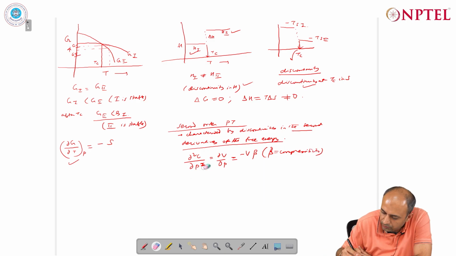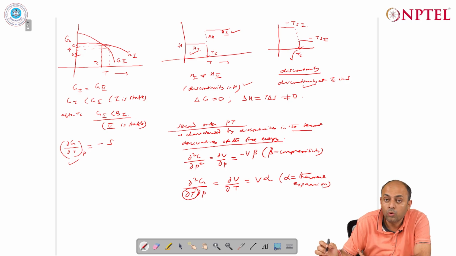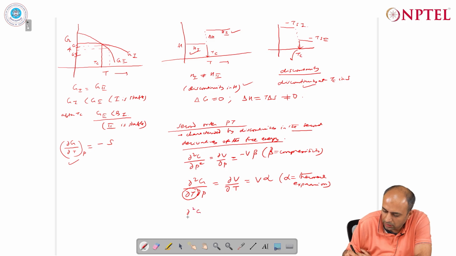We can also look at del square g by del t del p, which is equal to del v by del t, because the second derivative is taken with respect to temperature, and this is v alpha, where alpha is the thermal expansion coefficient. Beta is the compressibility factor.